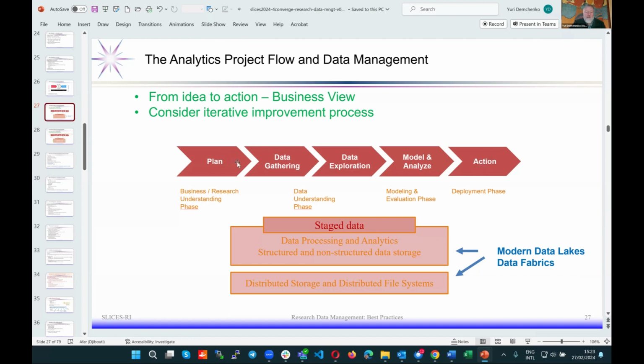What is the problem here? At each stage, when we receive the collected data, it has one format. Next, when we do data preparation, we transform it to another format, maybe to different data models, and so on. It uses different metadata.